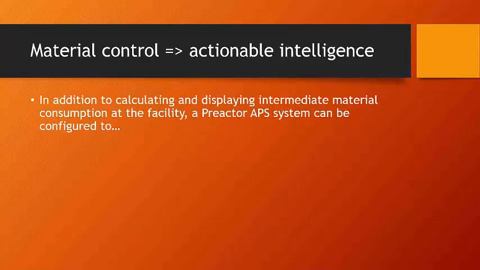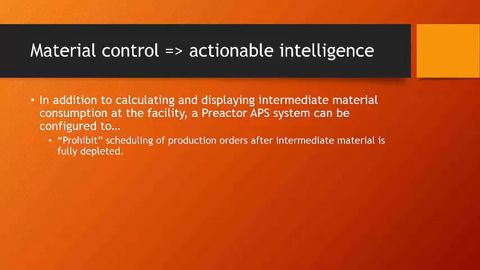In addition to calculating and displaying intermediate material consumption at the facility, the Preactor APS system can be configured to prohibit scheduling of production orders after intermediate material is fully depleted. Okay, so if Preactor is configured such that finished product simply can't be produced until intermediate material is available, what it'll do is it'll stop.